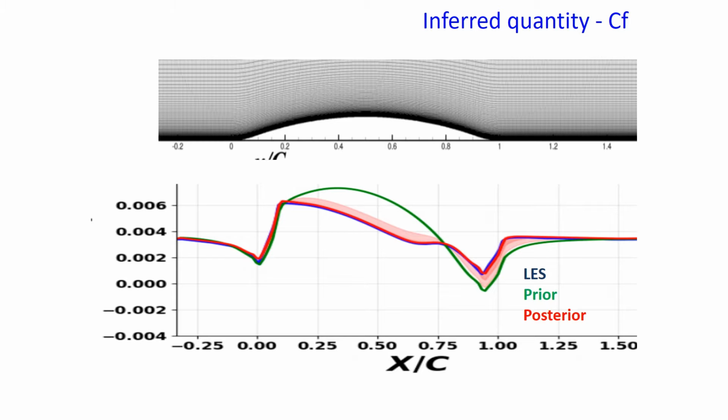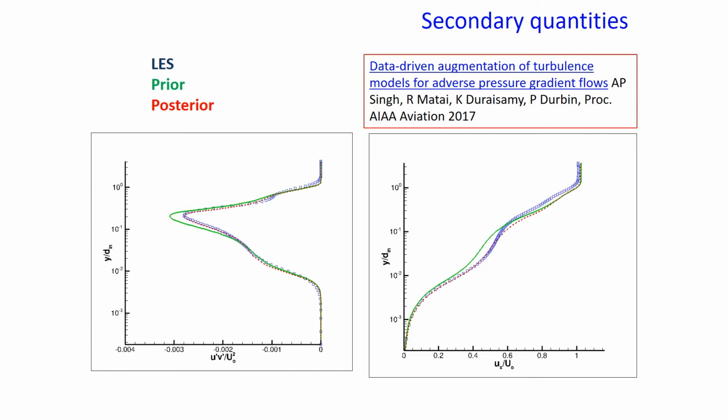But I also want to emphasize that this is not impressive because, hey, I got some data and then I assimilated the data, right? That's not impressive, because we always leave out data and then make sure that we're getting the right answers for the right reasons. So even though we are just using data on the surface, we also want to make sure that predictions in the field are also improved.